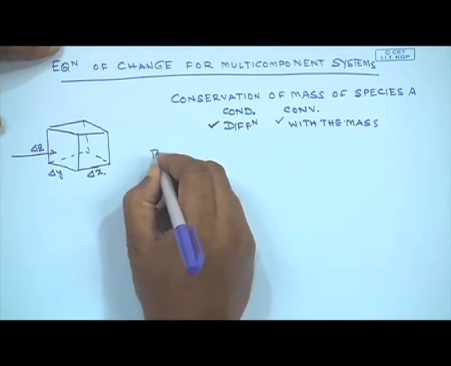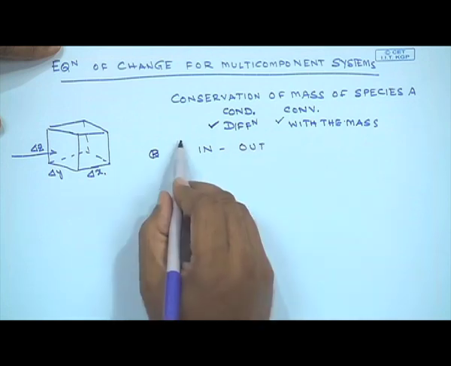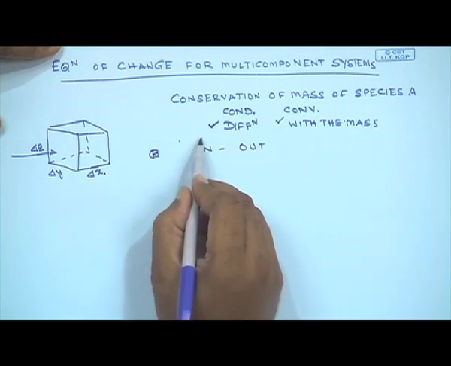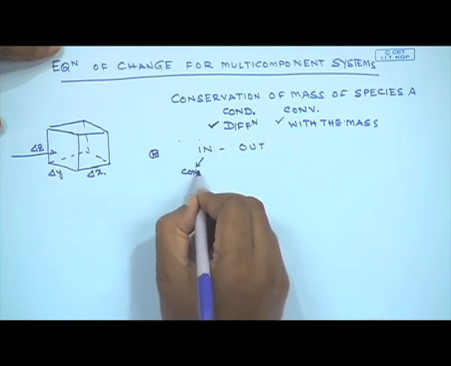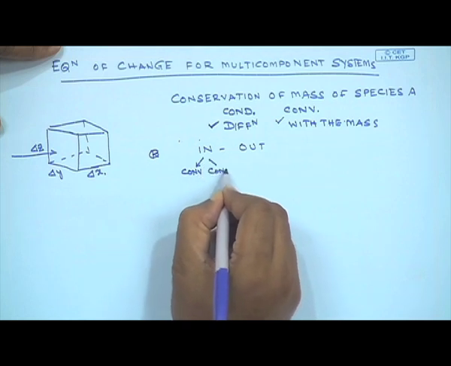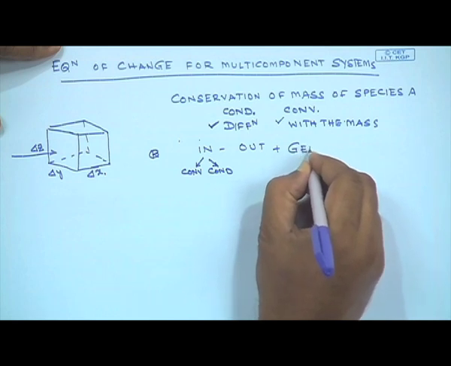So the first thing that we are going to write is, in minus out, that is the time rate of species A coming into the volume by convection and conduction, out, plus any generation or depletion.